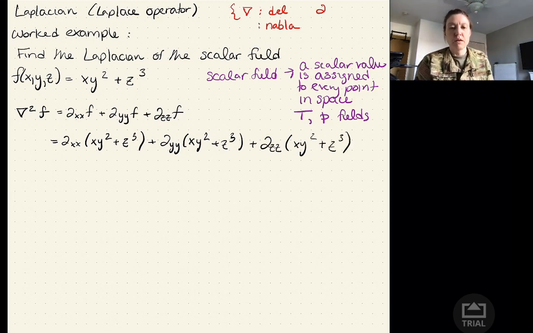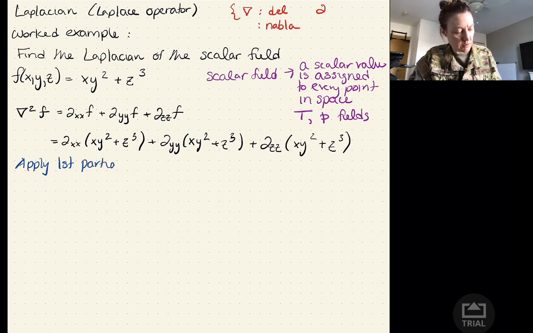The way that I try to think of this is just applying the applicable first partial derivatives. So let me write this down. Let's apply the first partial derivatives. I just want to show you what this looks like notationally.